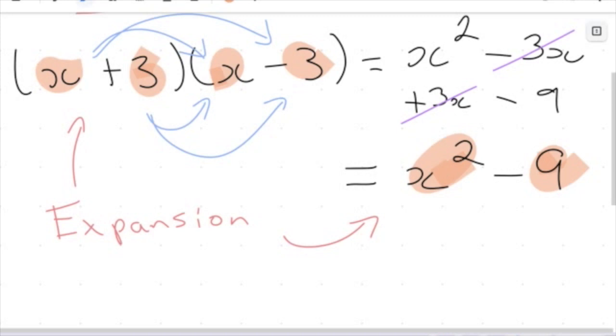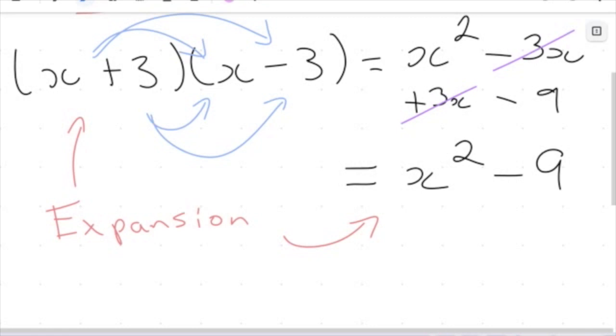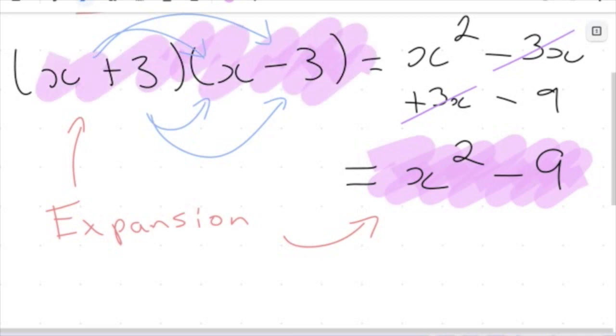Because in order to factorize, we just want to go the other way. So when we eventually end up factorizing by the end of this video, instead of going from x plus 3 times x minus 3 equals the final answer, we're going to go from here back to here.